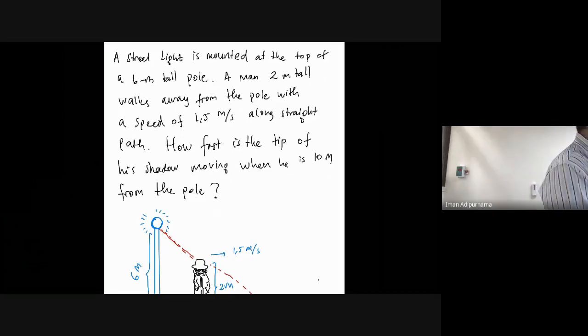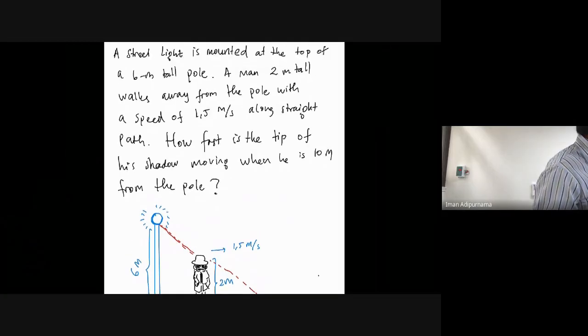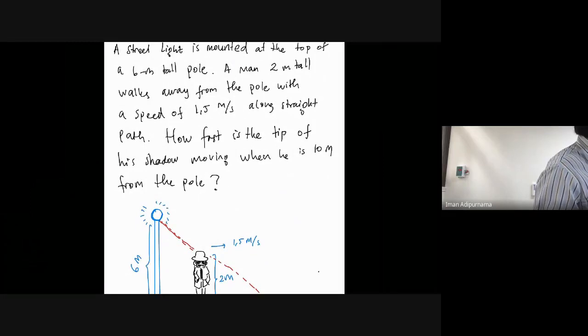So you have a straight line, 6 meters tall, and you have a man, 2 meters. He walks away with a certain speed on a straight path, and how fast is the tip of his shadow moving?